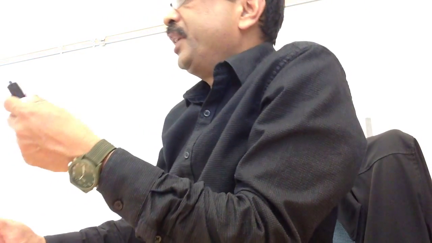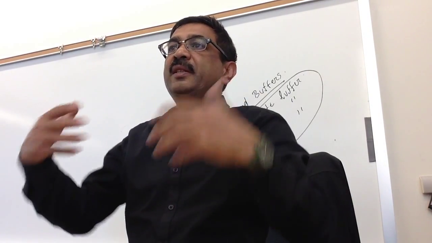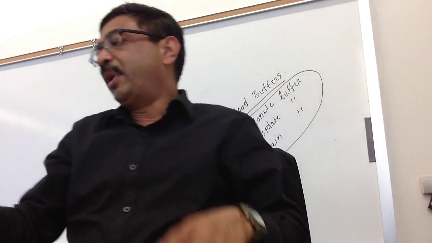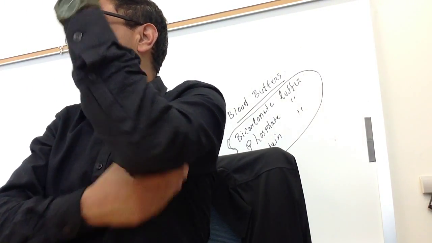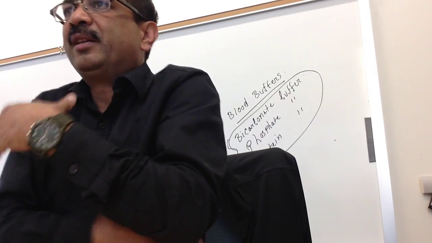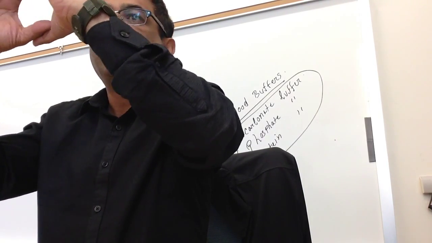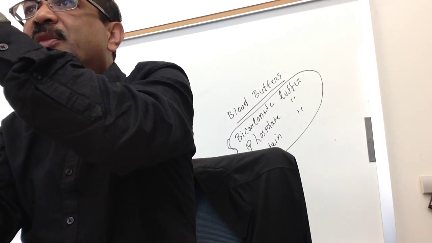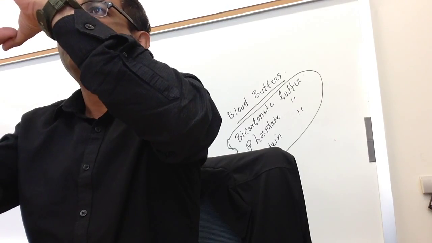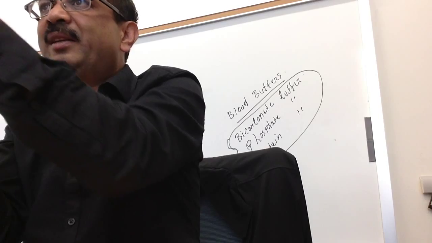Stabilization of body temperature. How? If your body temperature increases, then what will happen? Vasodilation will occur in the blood vessels of your skin. In the skin, the blood vessels will dilate. Make sense? Get wider. If blood vessels dilate, more blood will flow, right?